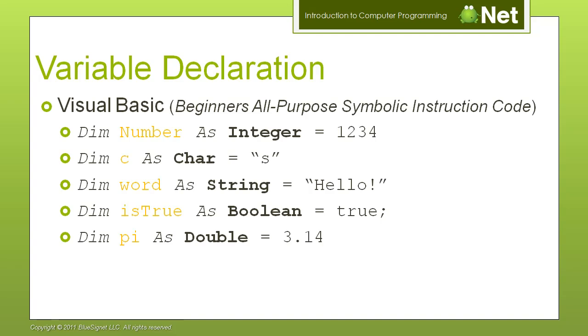Yeah, well, Microsoft endorsed it, so not all rules apply. And not all rules apply consistently. There you go. Then we have dim, a variable called word, as string. And this is also double quote, hello, exclamation point. Dim is true as Boolean is true, and dim pi is double is 3.14. So like we've seen before. Boy, am I glad that's over.